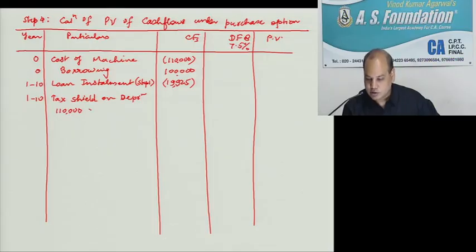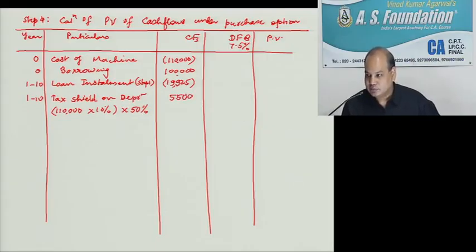So this is original cost. Straight line method means every year the same amount of depreciation will be charged, and tax rate is 50%. So the answer is 5,500.